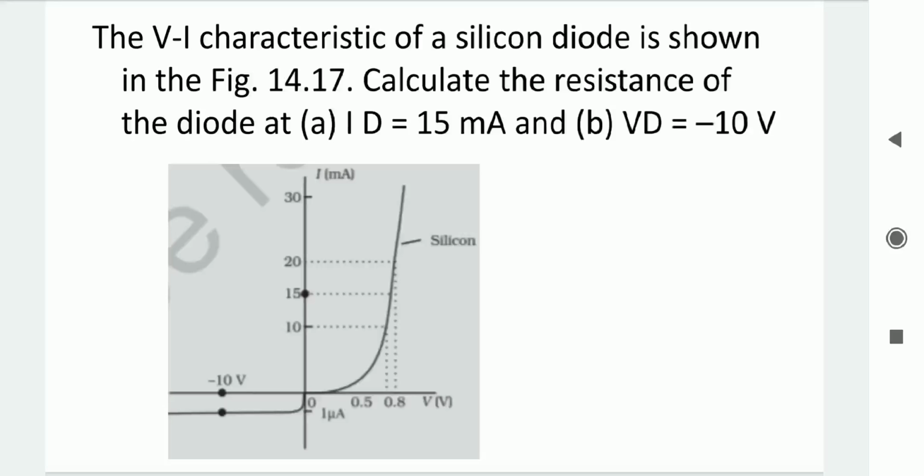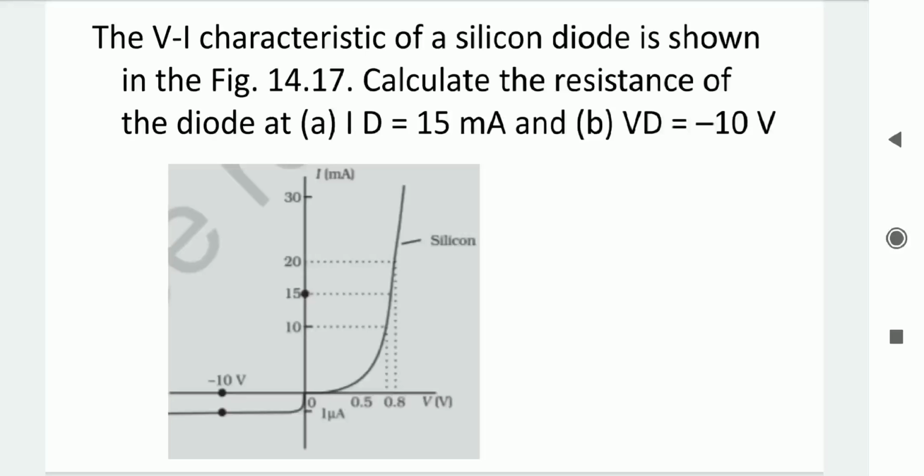From this curve, at I equal to 20 milliampere, the voltage is 0.8 volt, and at I equal to 10 milliampere, the voltage is 0.7 volt. So the dynamic resistance in forward bias, as we know, is delta V by delta I based on Ohm's law.